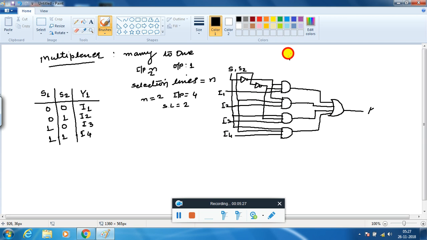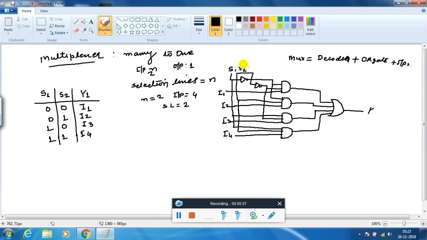So we can say a mux is a decoder circuit plus an OR gate for n inputs. So this is the multiplexer circuit where we are putting four inputs and one output, and which input is going to connect to the output is decided by the selection lines.